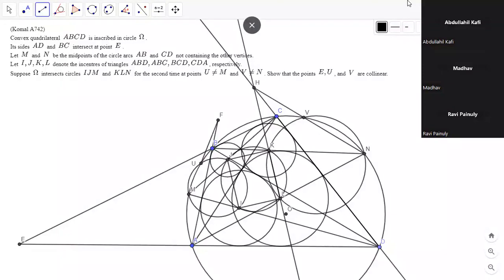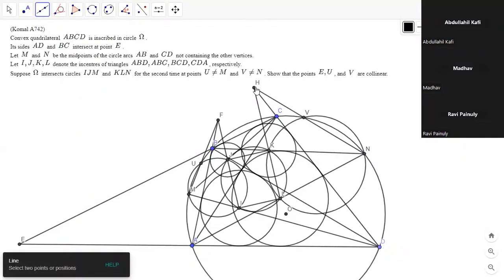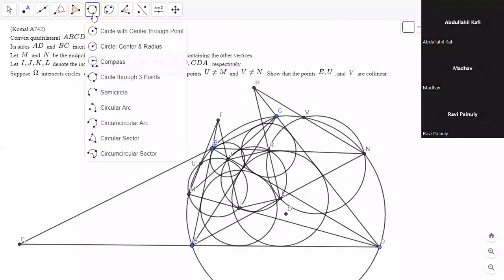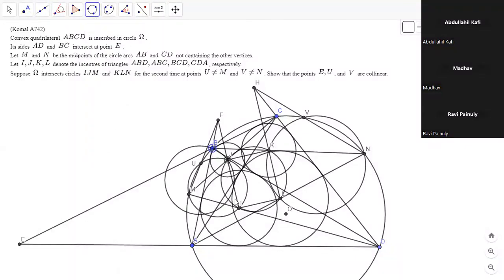So we have this, this, this, and this. And yeah, we have this circle and this circle.